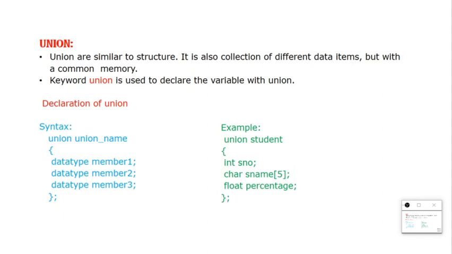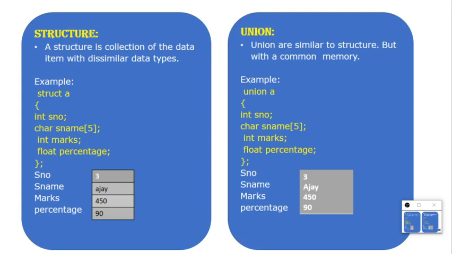Nice, right? So let us see what is the major difference between a structure and union. Let us compare both. Structure is a collection of data items with dissimilar data types. Unions are similar to structure but with a common memory. You can see I have taken four data members: serial number, student name, marks, percentage.